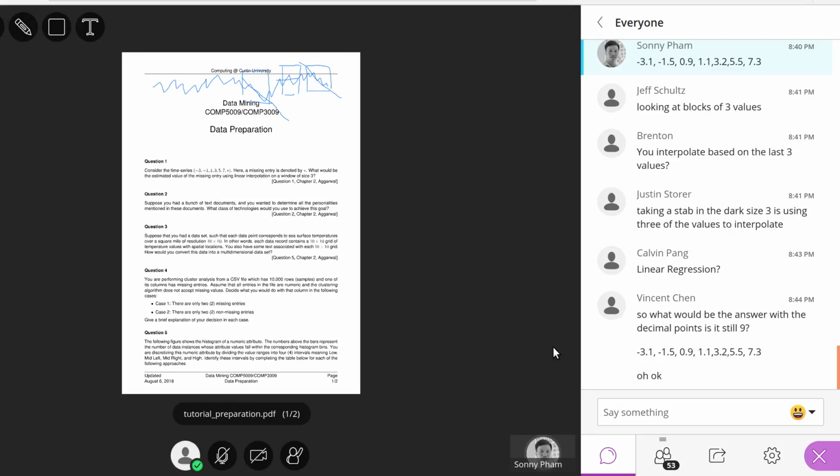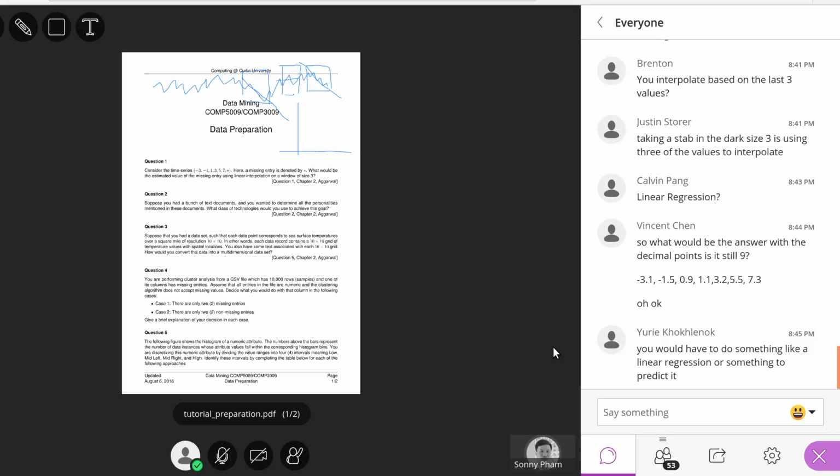So what I'm trying to say is that if you plot these values on a graph, you will have something like this, and all the data points in the original question will sit exactly on the line here. They are not off the line, right?